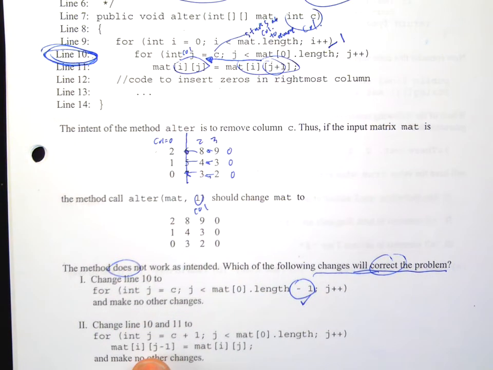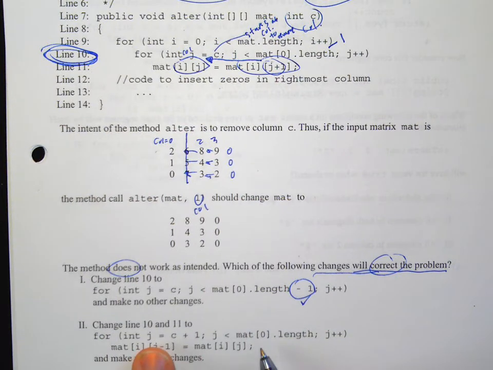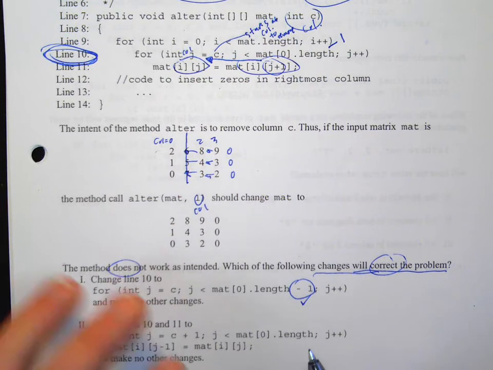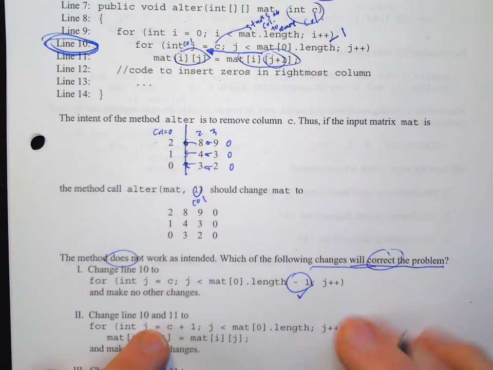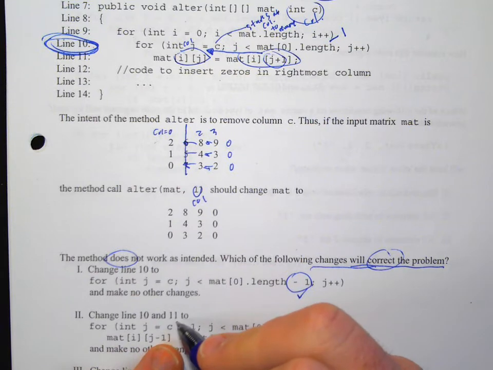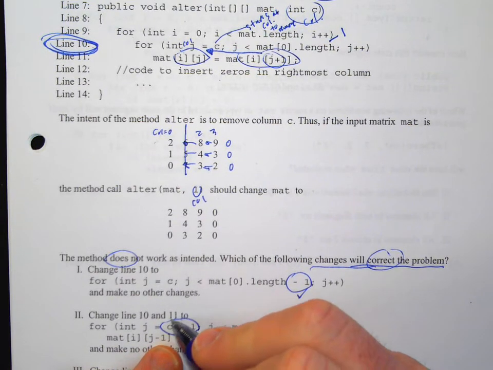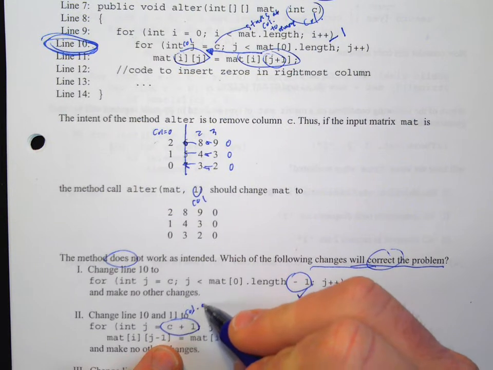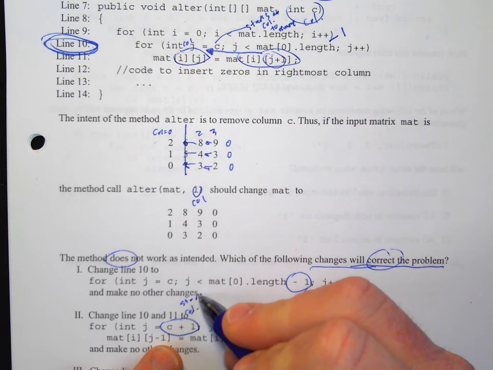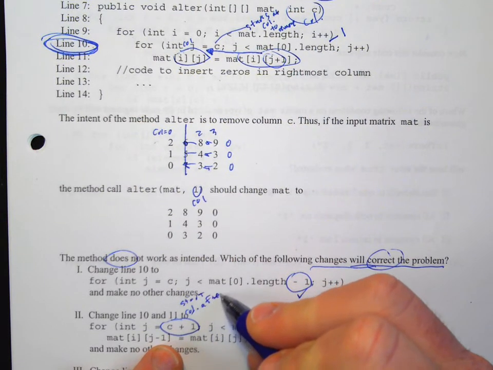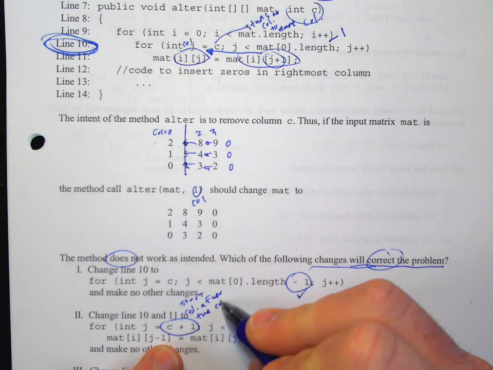10, 11, they're saying, now there could be multiple ways to solve this. That's the most obvious one in my head, but there could be other creative ways of solving this. So it says, change lines 10, 11 to, so instead start at the column after the column to be removed.